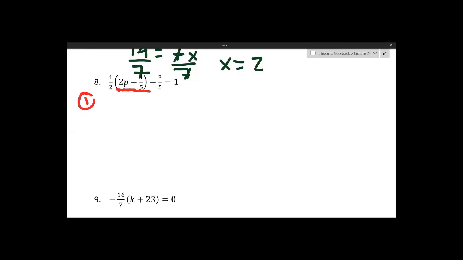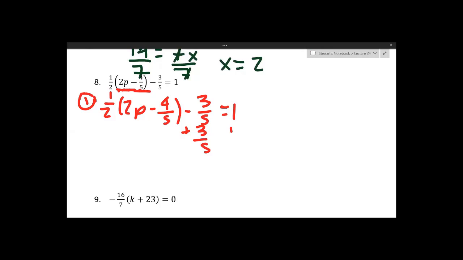So the first way, we have 1/2 times 2p minus 4/5, minus 3/5 is equal to 1. So if I add 3/5 to both sides, we're left with 1/2 times 2p minus 4/5 is equal to, we know that 1 is 5/5, so 5/5 plus 3/5 is 8/5.